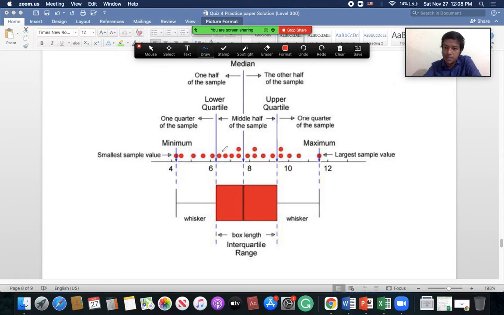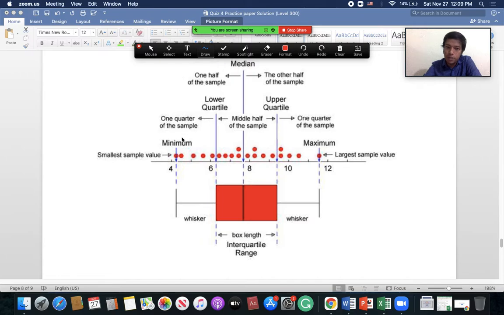If I say that 40% or 30% of data is less than 6 in this data distribution, is it true? Look what I'm saying.